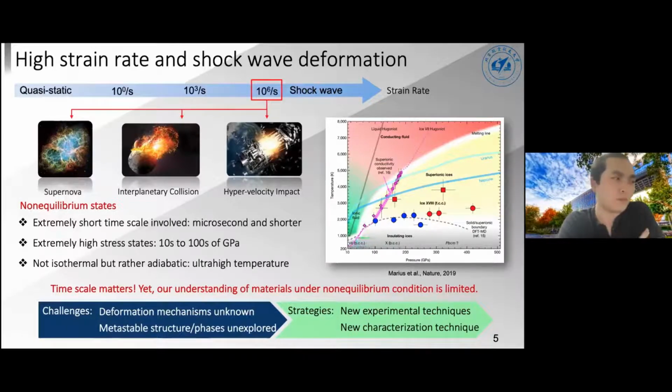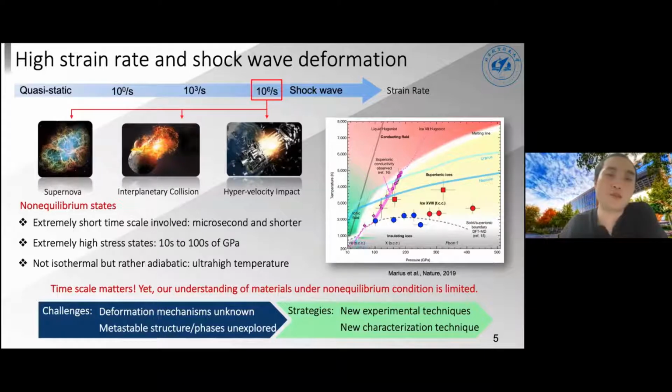So scientifically, this raises fundamental questions as to how condensed matter or materials react to these extreme states. And it turns out that our understanding is quite limited. Even for a very, very familiar material, for example, water or ice, our understanding of this material in non-equilibrium states is still far away from complete.